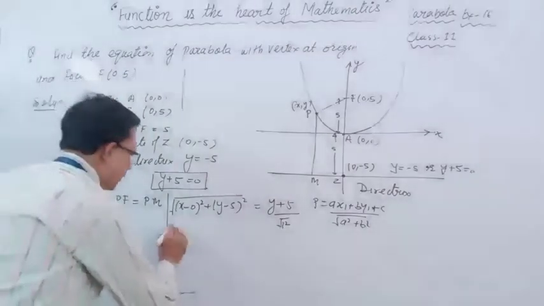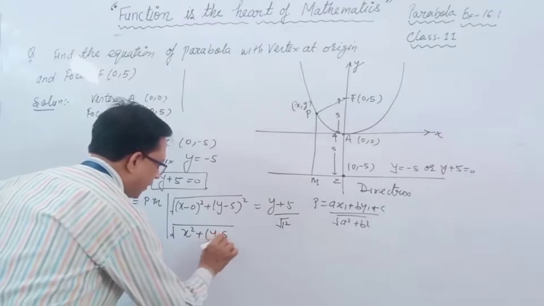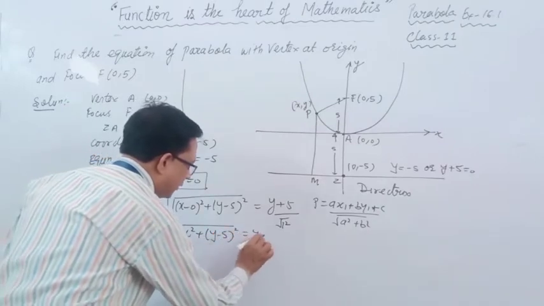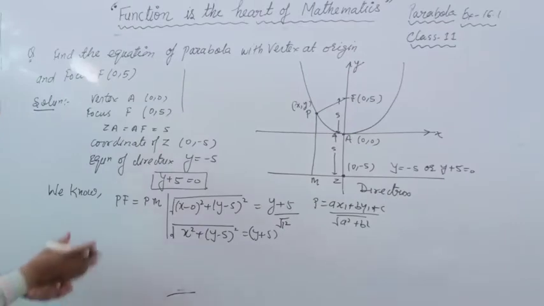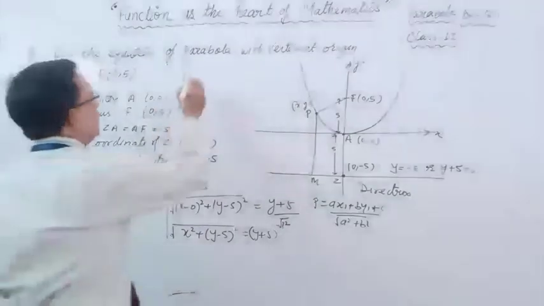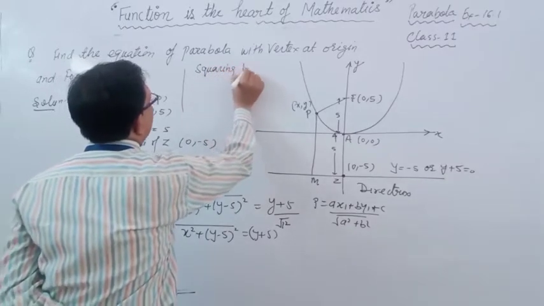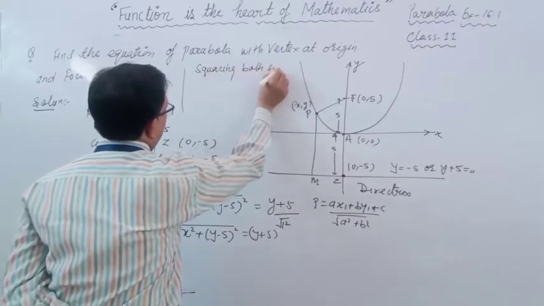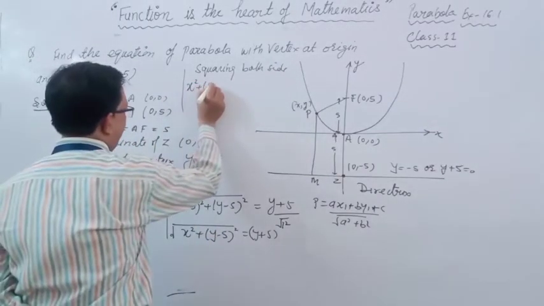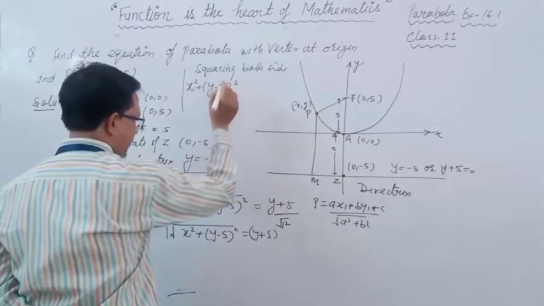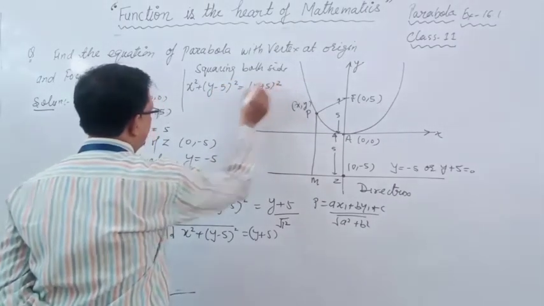Now solve this: root of x square plus (y minus 5) whole square is equal to y plus 5. Now our next step is squaring both sides.